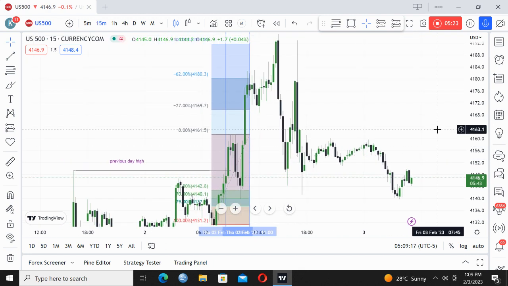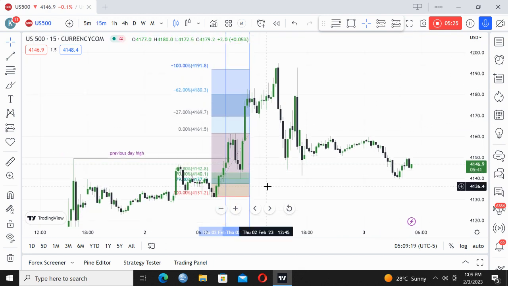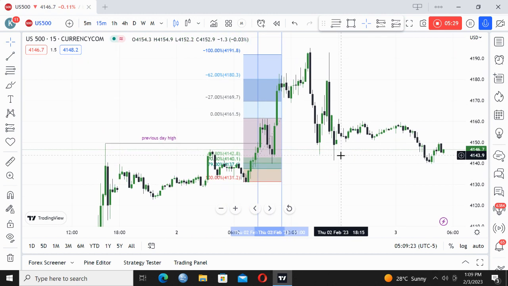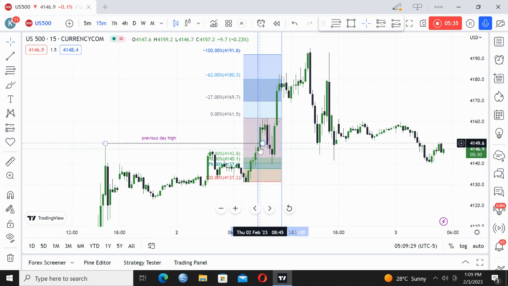See what I mean? This is the New York Hill Zone, and this is what I mean. The previous day's high was violated here, then in the New York session, it traded lower to the optimal trade entry, near equilibrium.